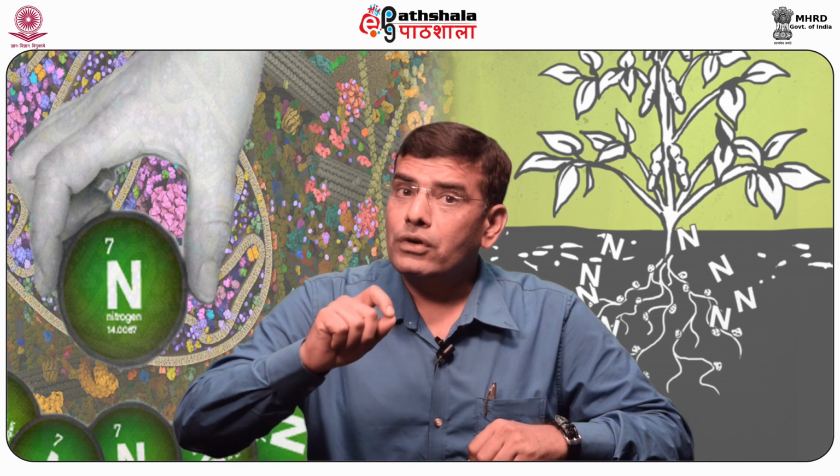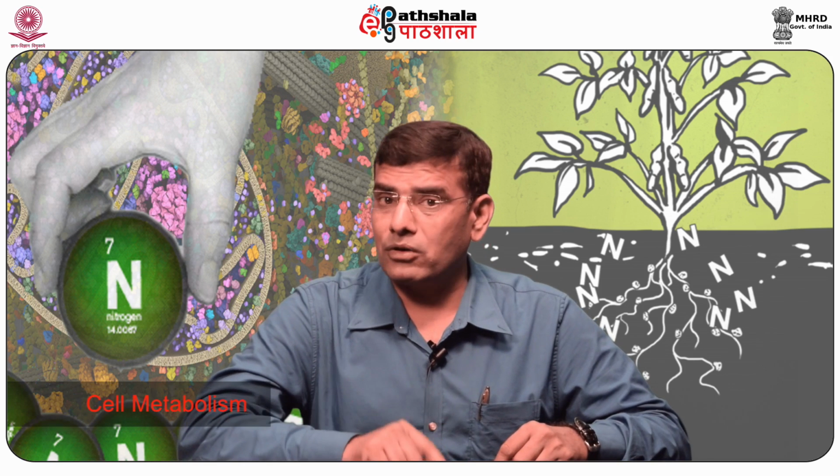So, we can say that the TCA cycle provides a complete route of aerobic catabolism of glucose, generating a sufficient amount of energy required for cell metabolism as and when required.